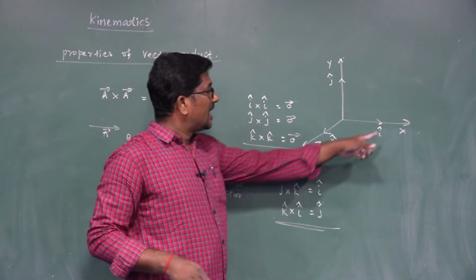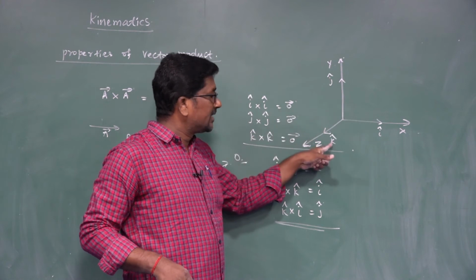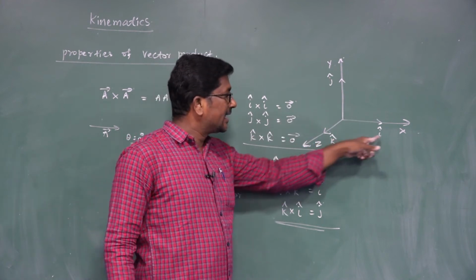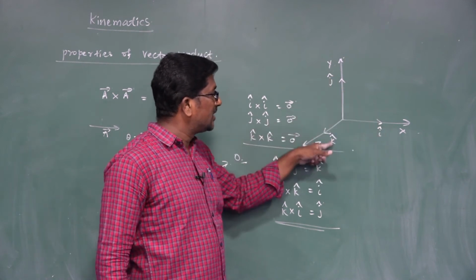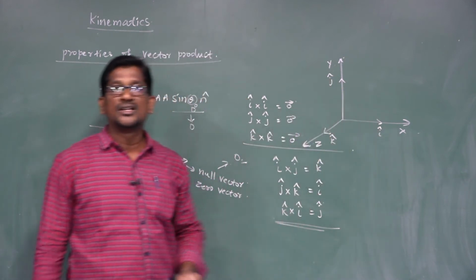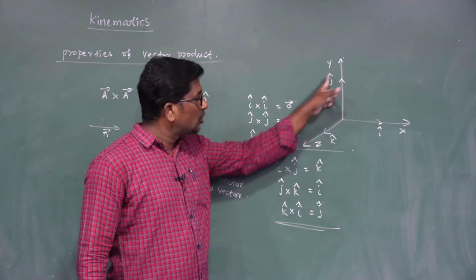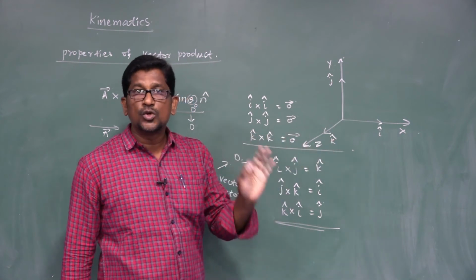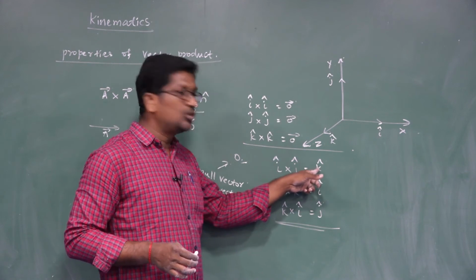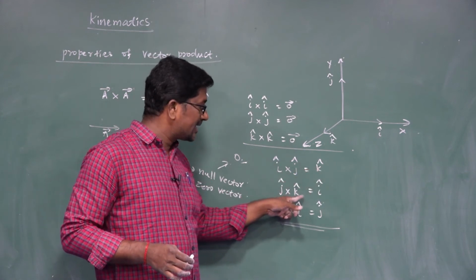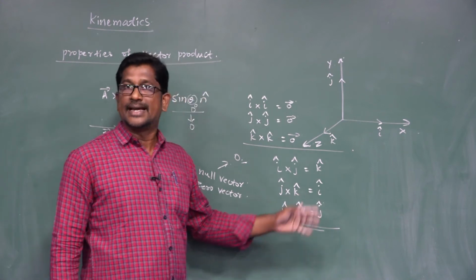Here the angle between i cap and j cap is 90 degree, the angle between j cap and k cap is 90 degree, and the angle between k cap and i cap is also 90 degree. So that is why i cap, j cap and k cap are commonly called orthogonal unit vectors. In the case of orthogonal unit vectors, according to the right hand thumb rule, i cap cross j cap is equal to k cap, j cap cross k cap is equal to i cap, and k cap cross i cap is equal to j cap.